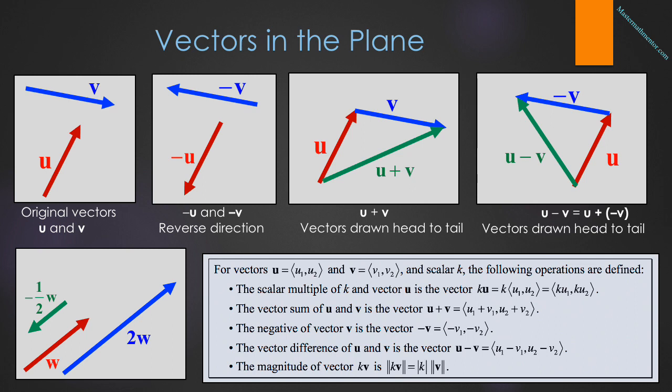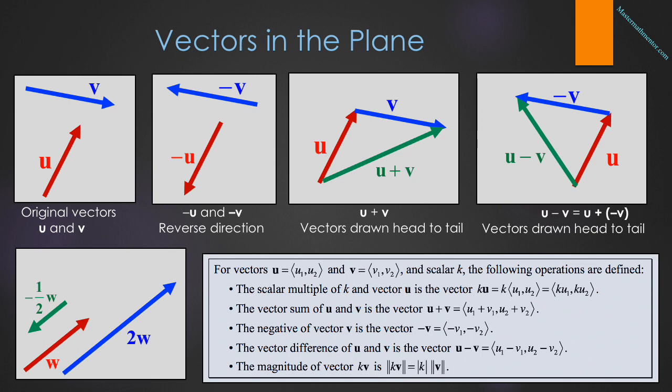So we simply multiply k by each component of the vector. The vector sum of u and v is the vector u plus v, which is (u1 plus v1, u2 plus v2). We simply add the components. The negative of vector v is negative v, which will negate both components, so it becomes (-v1, -v2).